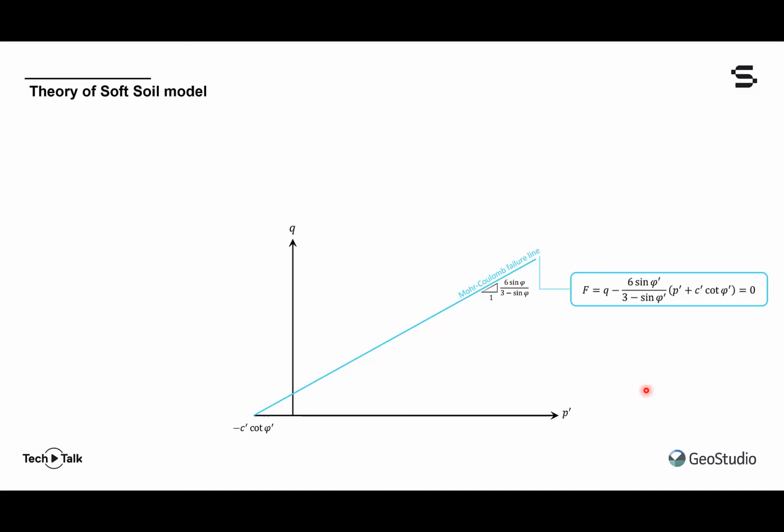Shown here is the equation for the Mohr-Coulomb failure line, f is equal to mx plus b. In this case, the slope, m, is related to the friction angle by this relationship. x is our x-axis, p plus c cotangent of the friction angle, and the intercept is q.